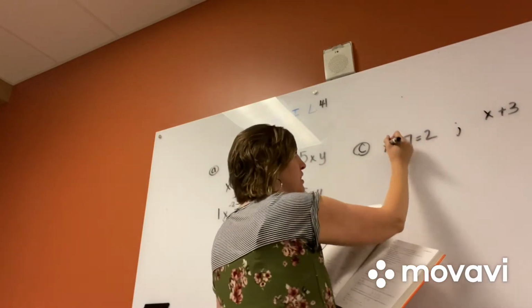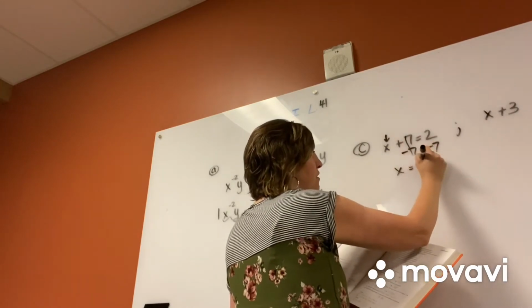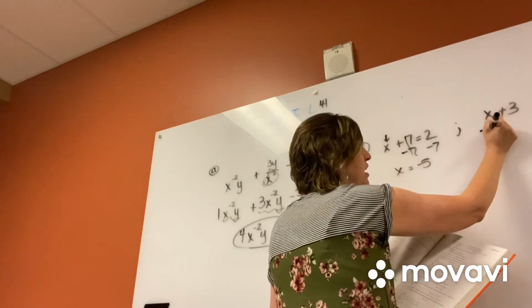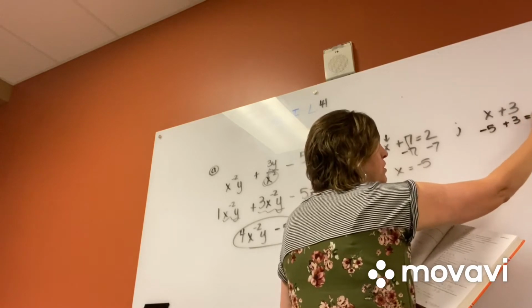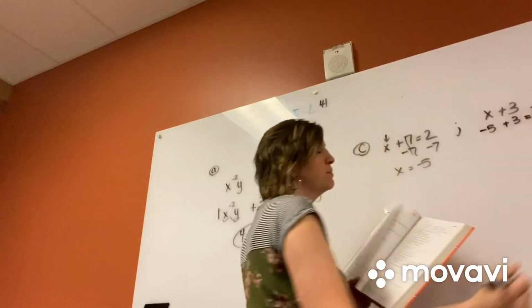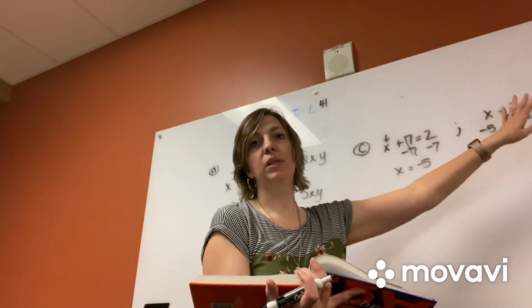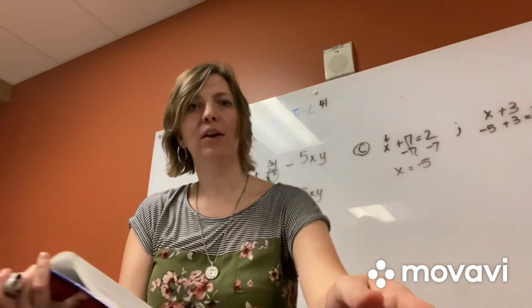So let's solve this. Let's get x by itself: subtract 7, x equals negative 5. Therefore, if x is negative 5, plug it in over here. Negative 5 plus 3, what does that equal? It equals negative 2. So that's my final solution, and it was two steps because I solved this equation, then plugged it in to that expression. So that's what they're looking for there.